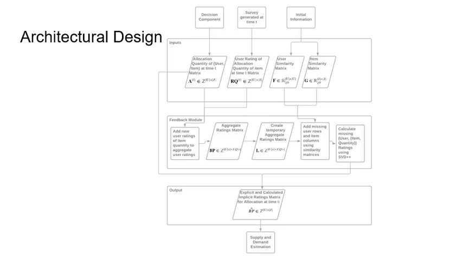From there, we are going to again map back to our allocation history for that time t, and we're going to give the decision component an explicit and then the implicit rating, so that filled in matrix in the user item format associated with that allocation at time t.